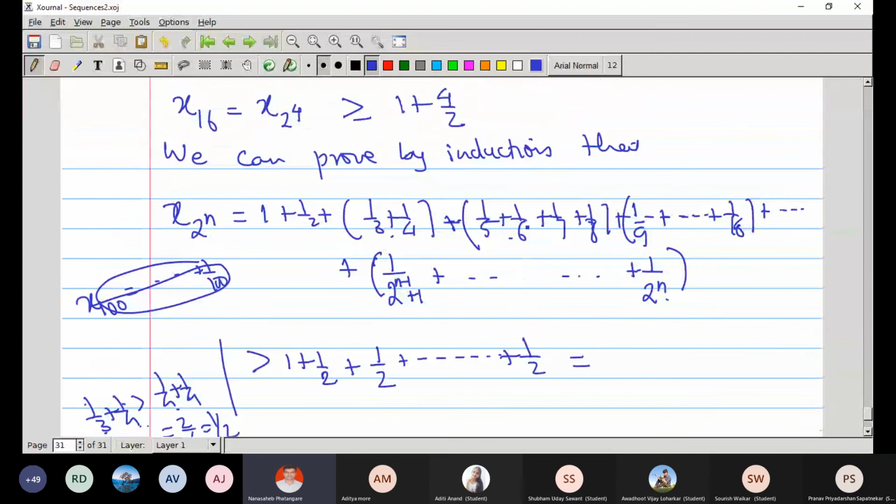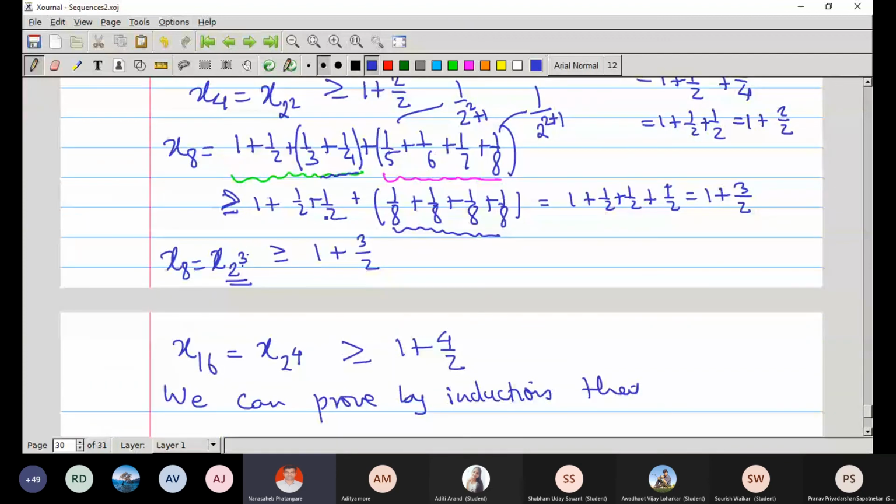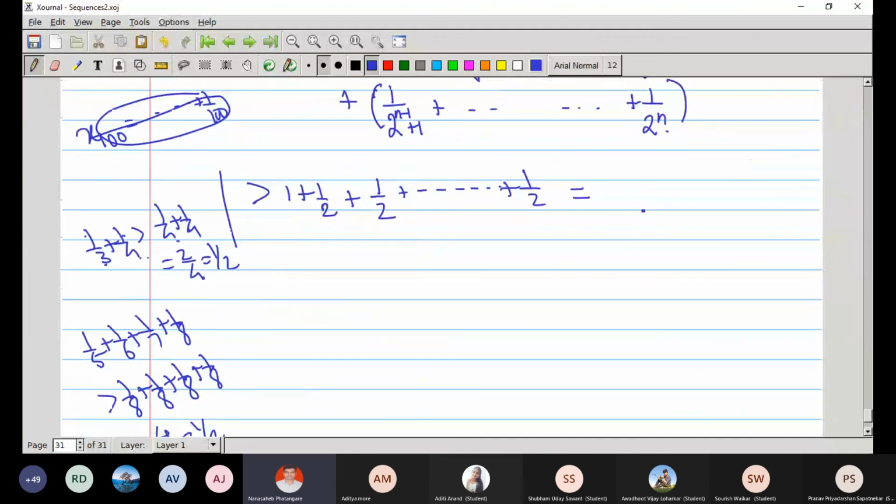N brackets. Very good. Because in x8, in 2 raised to 3, there are 3 brackets. So how many times is 1 by 2 coming in the expression? 3 times. And if we have 2 raised to n, then n times. That is just simple observation. So 1 plus n by 2.